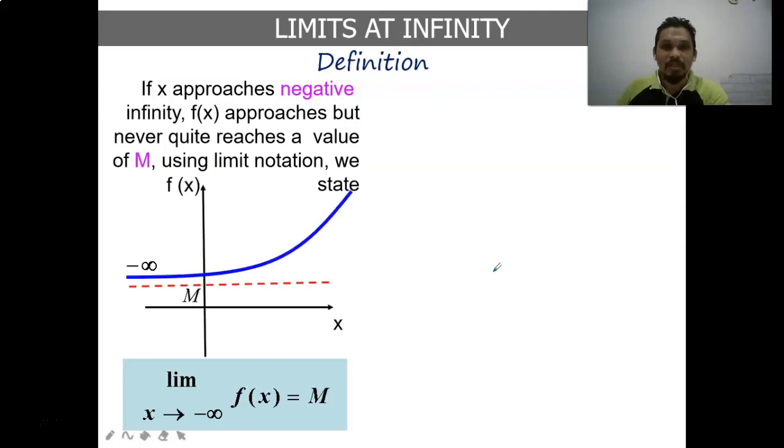Using limit notation, we state that if x approaches negative infinity, meaning the value of x goes to the left side from 0, negative 1, negative 2, negative 3, and so on, the limit as x approaches negative infinity of f(x) equals m. It just gets closer and closer to y equals m, but it never reaches that value.